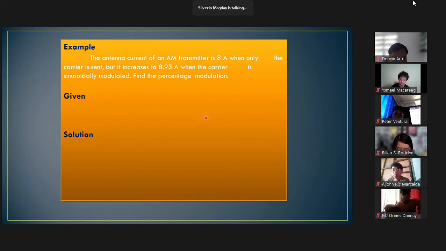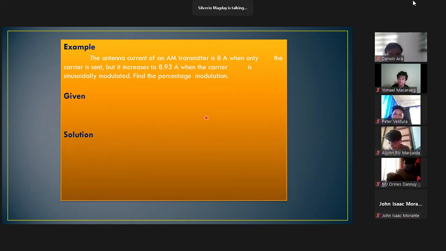Let's apply it right away. The antenna current of an AM transmitter is 8 amperes when only the carrier is sent, but it increases to 8.93 when the carrier is sinusoidally modulated. Find the percentage modulation.